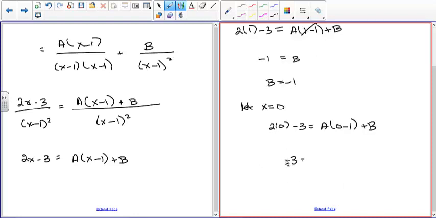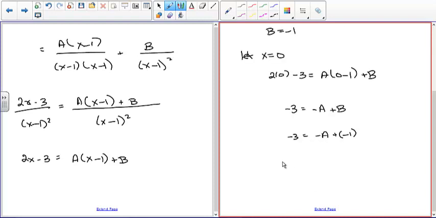So you get negative 3 equals negative a plus b, but b is negative 1, plus negative 1. So to solve for negative a, you're going to add 1 to both sides. If you add 1 to negative 3, you get negative 2. If you add 1 to negative 1, you get 0. And then the sign, just multiply by negative 1. So you get b equals negative 1, a equals 2.